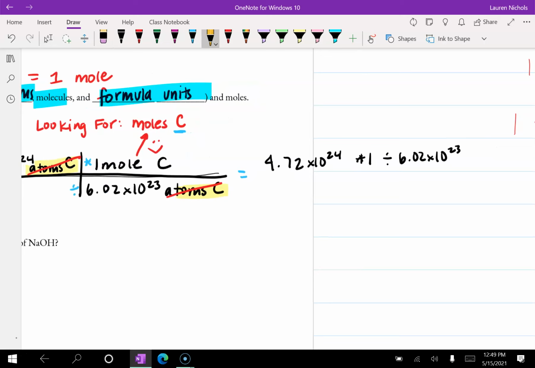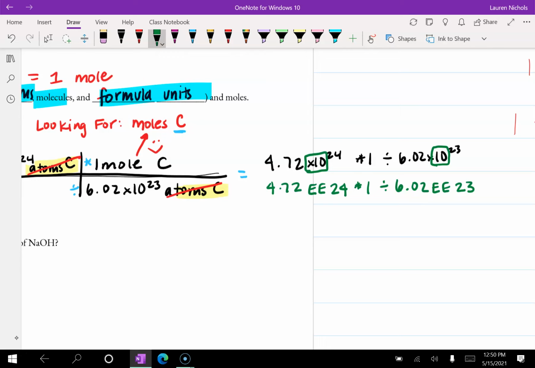But in an iPhone, there's a button that represents this times 10, and it's 2 capital E's. So if you turn your phone sideways so that it will give you the full calculator, you can type in 4.72 EE and then your 24 times 1 divided by 6.02 EE23. So you just replace that for the times 10.